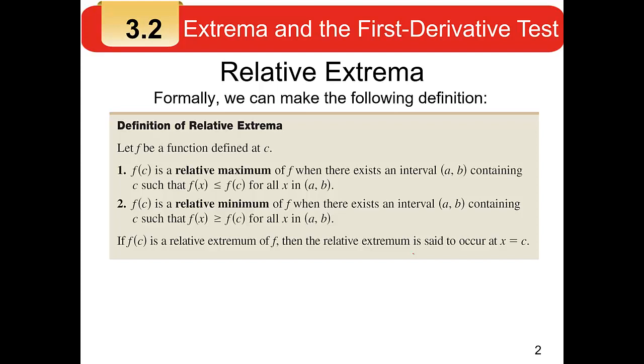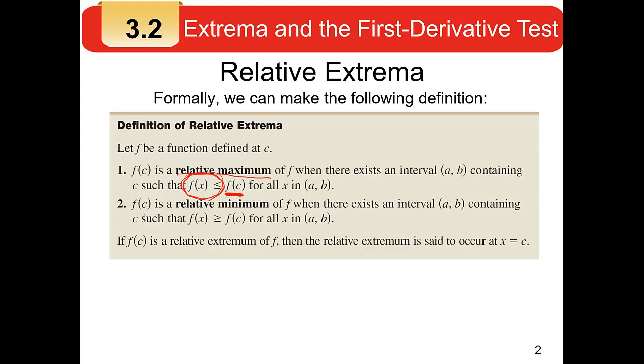In other words, that point c is inside the interval, such that the function value at c is bigger than the other values in the interval. That's a relative maximum. You see, f of c is bigger than the rest of the values in the interval.